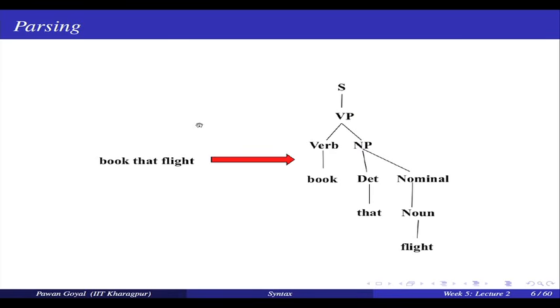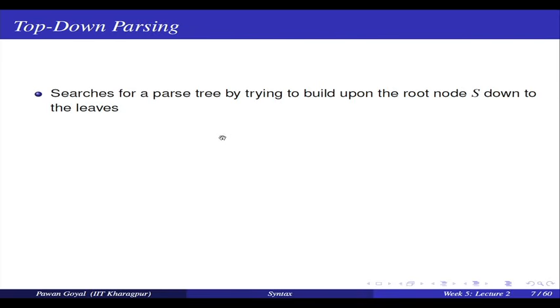So how do I start? I have to start from my start node, the root node in top down, and using my grammar I will see what the different possible rules are that I can apply at this point. Keep on going downwards.